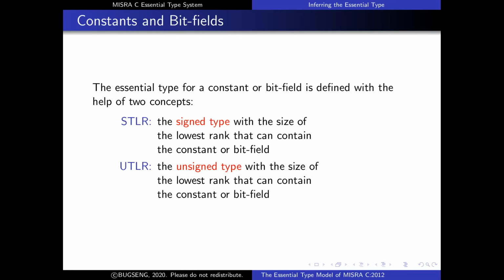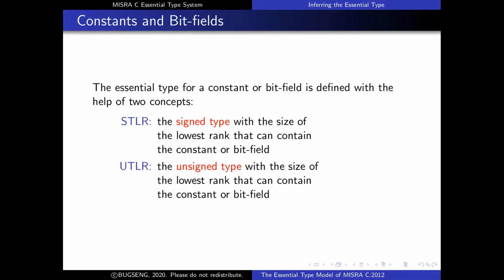Okay, so for example, STLR of the constant 1, despite the fact that 1 is a standard type int in C. Okay, so the constant 1 has a STLR signed character.